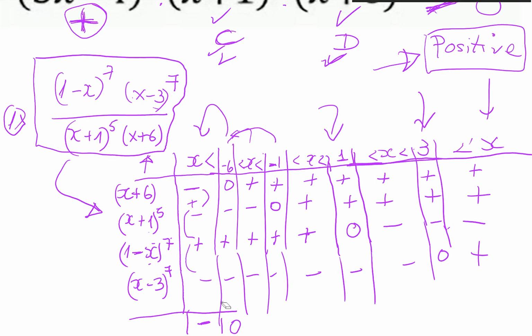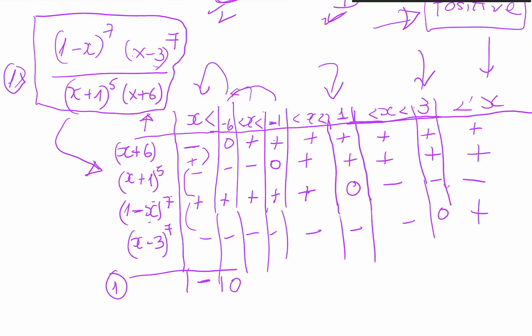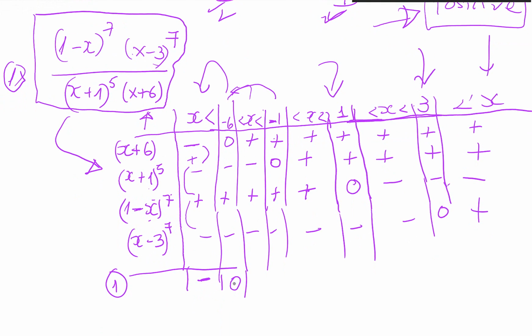Now, this expression here, expression 1, gives 0 here, and here plus times minus is minus, plus times minus is still minus, times minus is plus, positive.